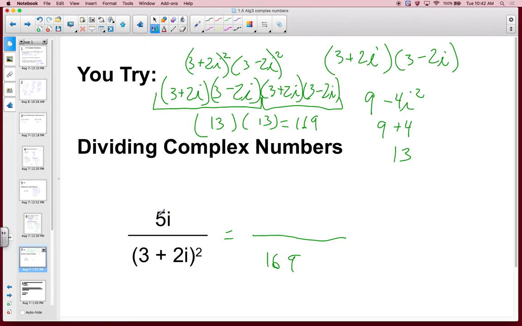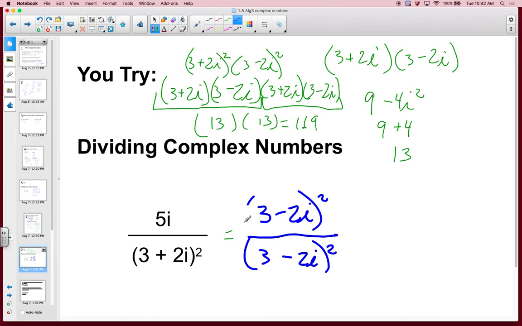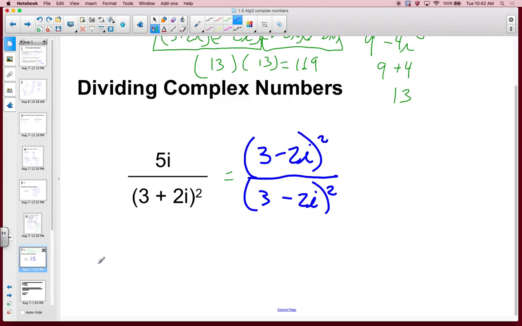In the numerator, I should actually go ahead and erase this so we can write down what we're multiplying it by. For the numerator and the denominator, we're multiplying it by 3 minus 2i squared. So if we did some side work, we have to multiply out 3 minus 2i squared, which is 3 minus 2i times 3 minus 2i.